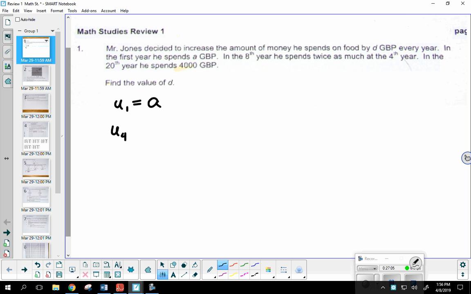Now, do you remember anything about that subscript? That little subscript is what variable? That is n. So I'm going to apply what I know to this idea here. So I'm going to write this back up here. U sub n was U sub 1 plus n minus 1 times D. Well, in the 4th year, we already know that the first value was A, plus, if I'm trying to go for the 4th year, what's n?